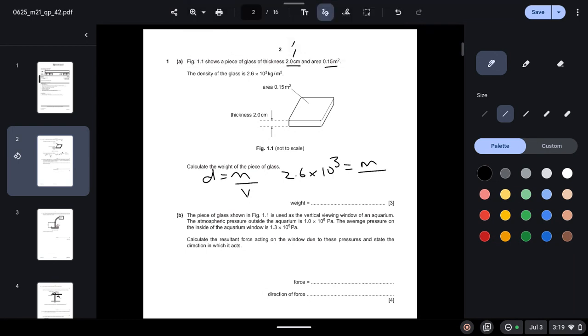We need to convert this into meters first. So 2 centimeters would become 0.02 meters times 0.15 meters squared. Just use your calculator. The mass you will get is 7.8, and in order to convert the mass into weight we just have to multiply it by the gravitational field strength, which is 10, so it would give you 78 newtons.